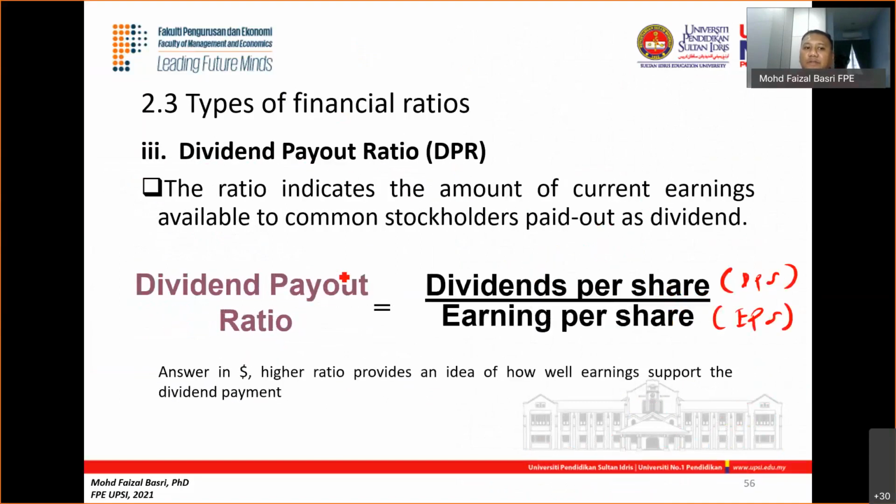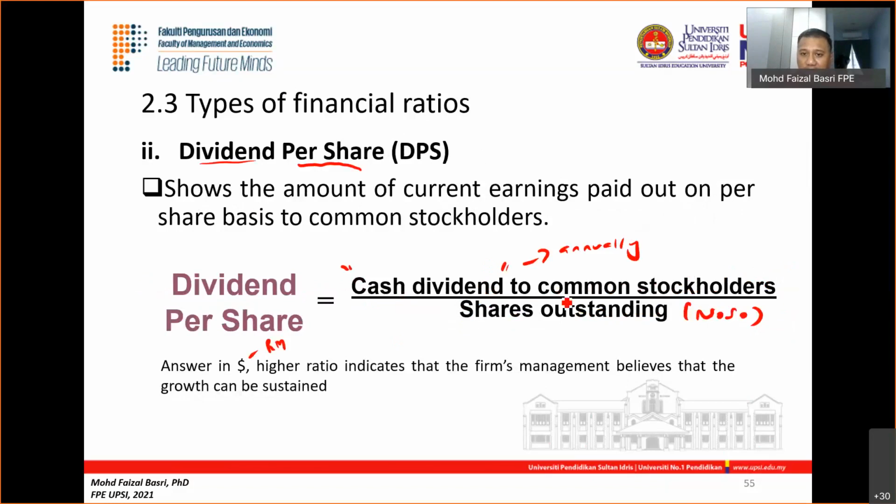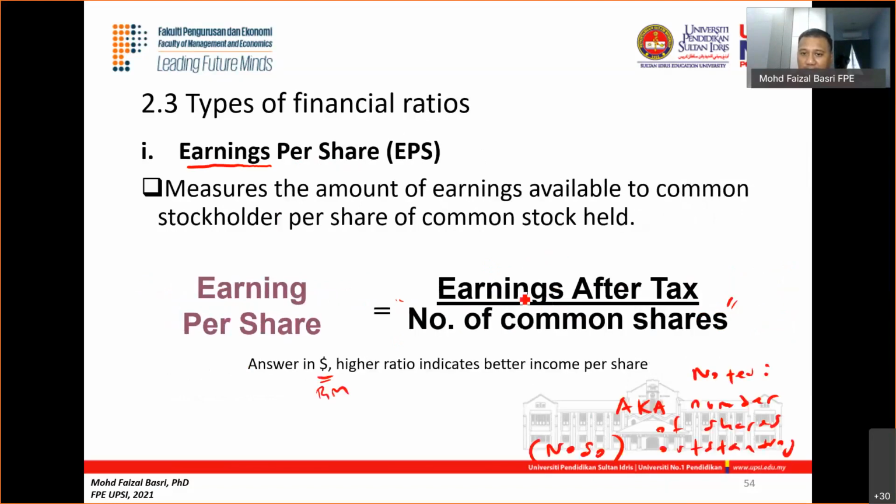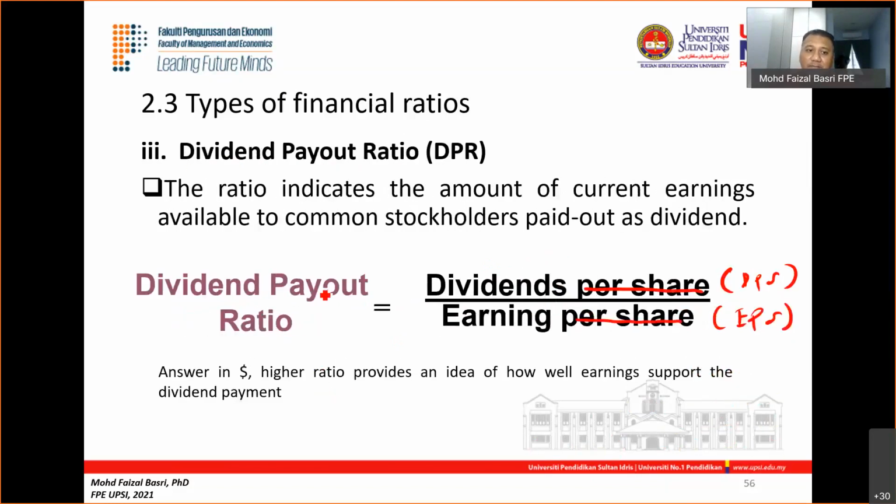Meaning if you want to find the dividend payout ratio, we might have to find DPS and EPS first. Or, since we have per share and per share here, if we knock them off each other, technically to find the dividend payout ratio we can use dividend divided by net profits. Cash dividend divided by net profits. Then we can get the dividend payout ratio.